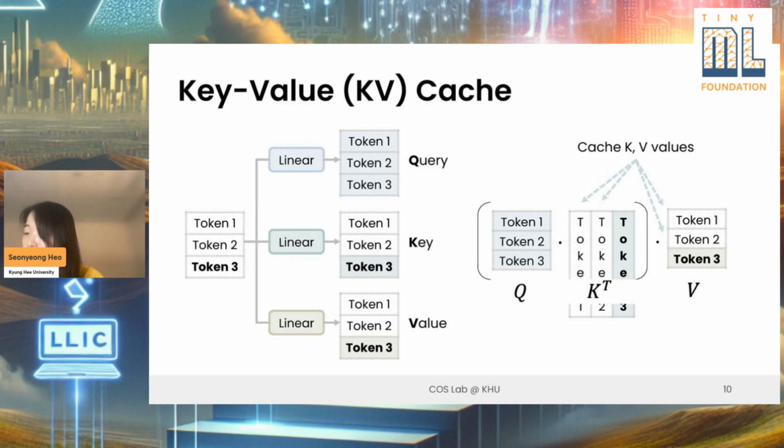Instead of generating the key and value arrays every time, it stores the K and V values in memory and reuses them for the next forward step. Since the linear layer, which entails matrix multiplication, is generally computationally very expensive, using the KV cache can largely reduce the computational overhead.